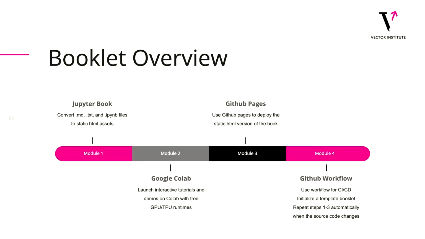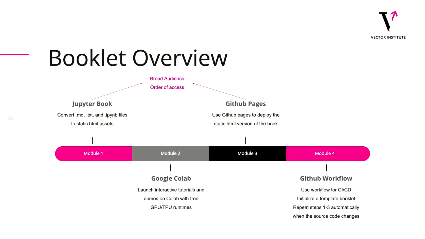We have the resources from Google Colab. We have the GitHub Pages, which is a free feature that comes with any repository, and with that you can launch a website for your repository. And we have the GitHub workflows, which are used for continuous integration and continuous deployment.